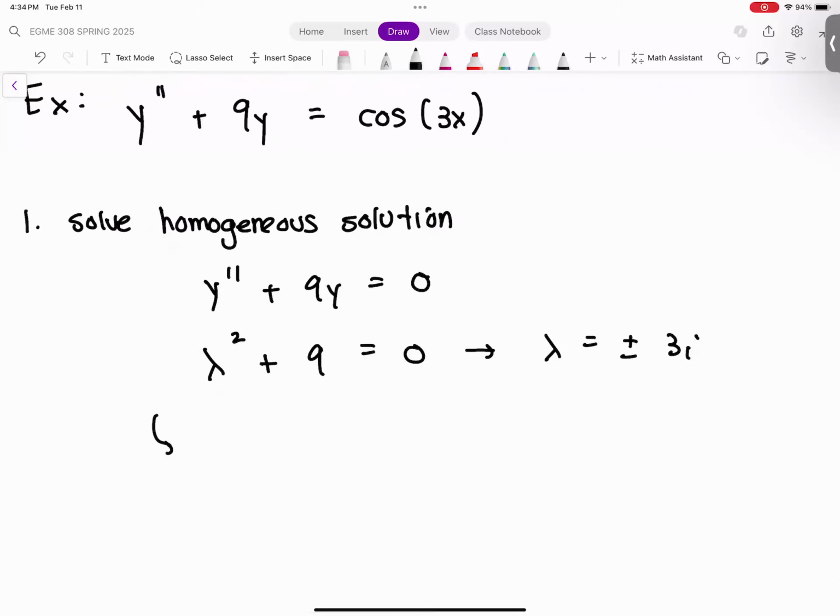That means our homogeneous solution y_h is a cosine of 3x plus b sine 3x. All right, it's pretty straightforward.